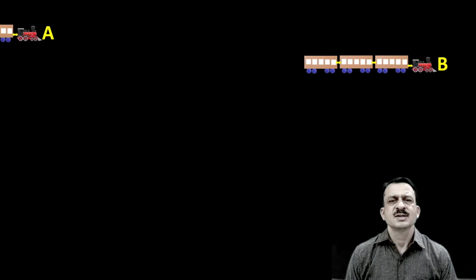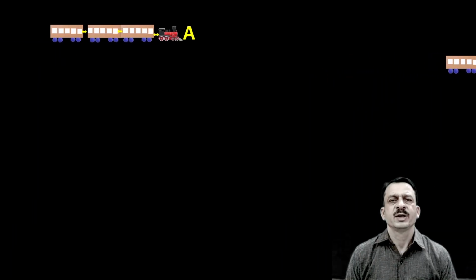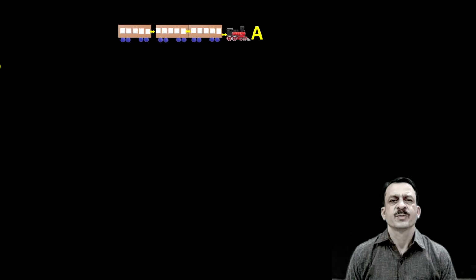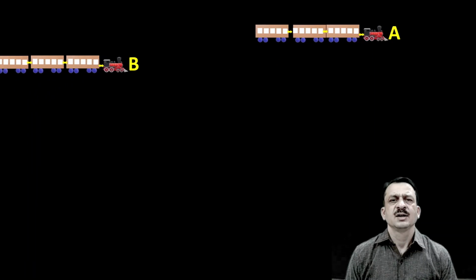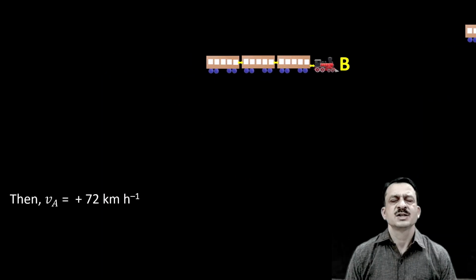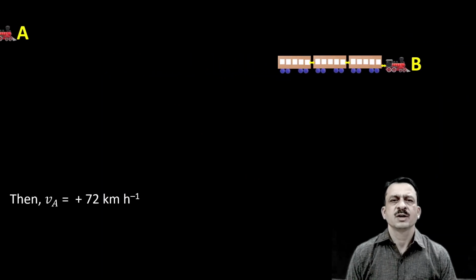They are moving with the same velocity, that is 72 km/h. Since they are traveling in the same direction, the velocity of train A is 72 km/h.